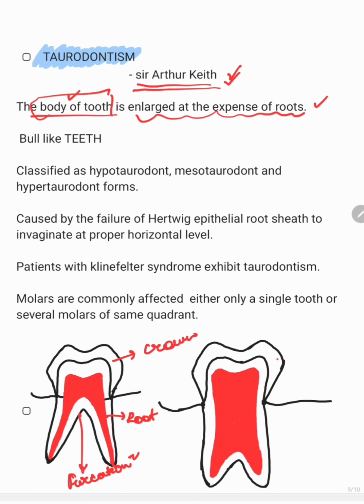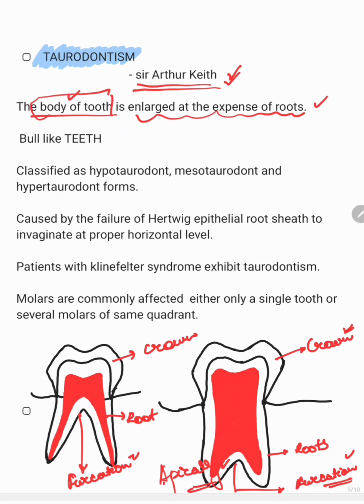But in taurodontism, the crown, the body of the tooth, is enlarged at the expense of the roots. So the furcation area is basically present apically.